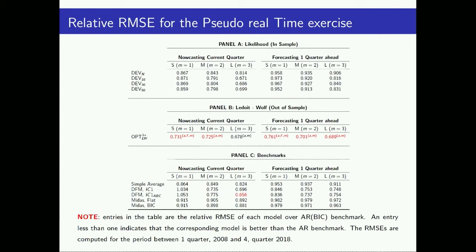Okay. Instead, if you consider, let's say, the classical approximate factor model, you are not directly estimating the commonality between the GDP and the monthly indicator. We are assuming that GDP and monthly indicator basically share the same component.